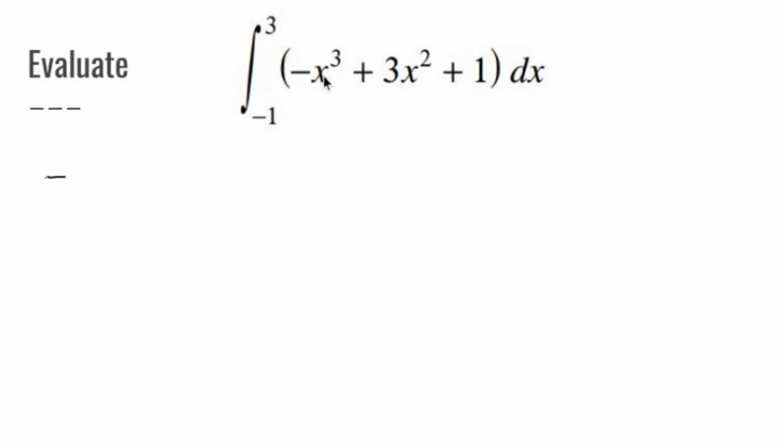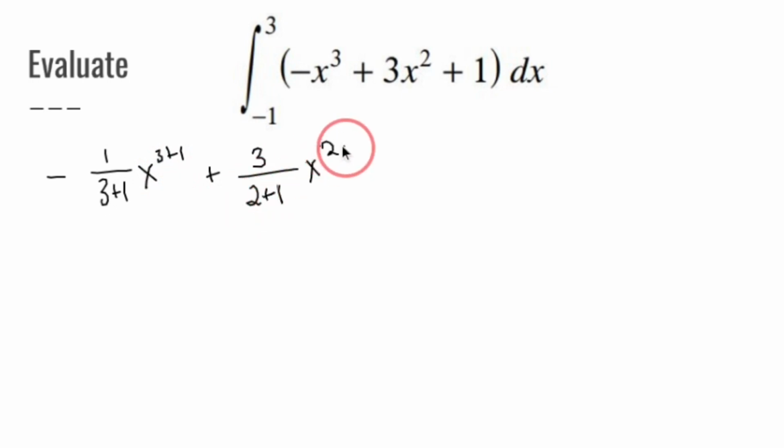So we have -1 over 3 plus 1, x to the 3 plus 1, plus 3 over 2 plus 1, x to the 2 plus 1, plus, if it's just a constant, when you take the integral of a constant, attach an x.